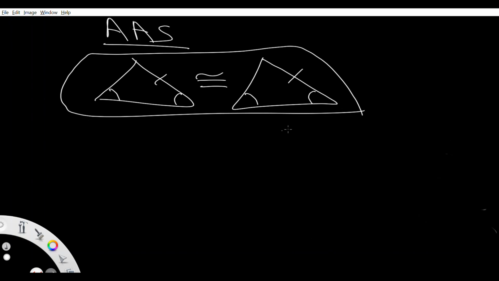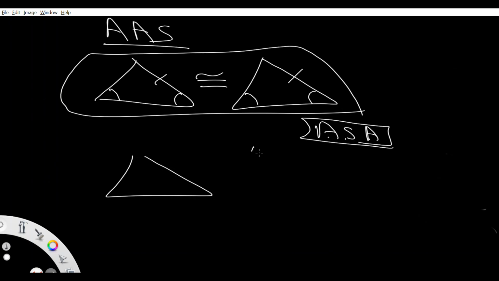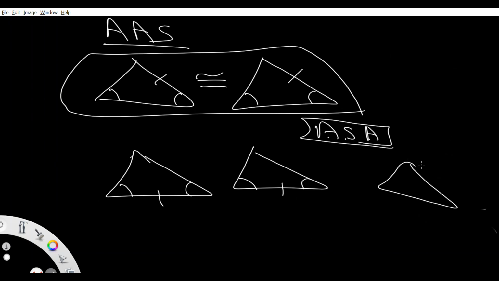And how is this different from angle side angle? Because in both theorems, we have two angles. In angle side angle, we had two angles and the side was in between them. But in angle angle side, we have two triangles, and the side length was not in between, it was the other one.